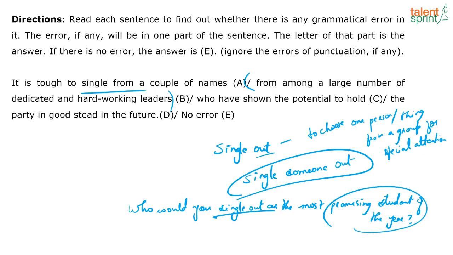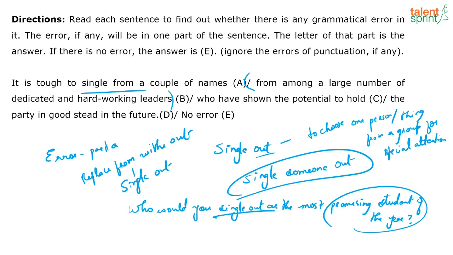So likewise here, yes, the error is in part A, where I replace from with out to bring the phrasal verb single out. And we just saw what the meaning was, right? It is tough to single out a couple of names, to choose a couple of names, to pick a couple of names from among a large number of dedicated and hardworking leaders who have shown the potential to hold the party in good stead in the future.